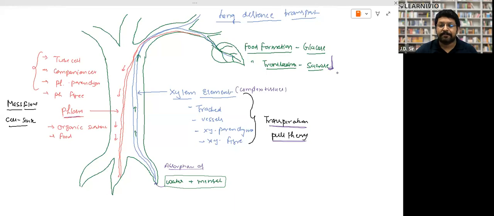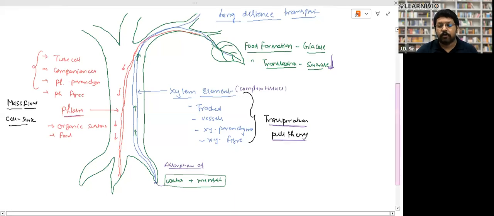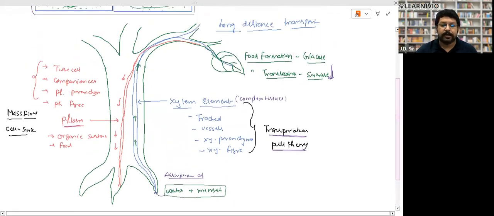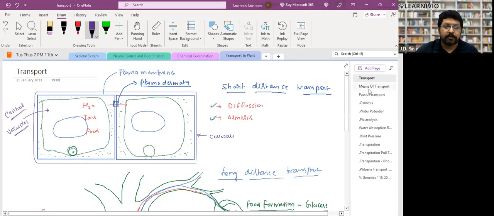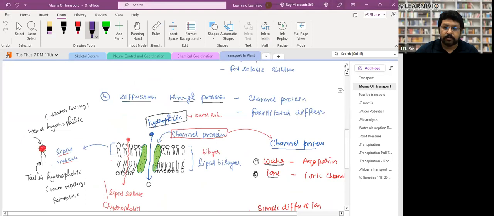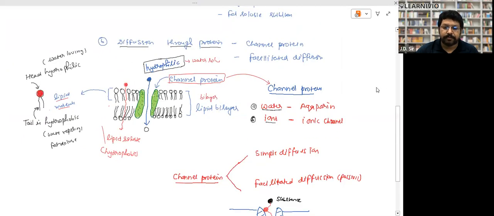Is that part clear for both of you? If you have doubt, please ask. Yes, sir. Great. So now let's start with the other processes, how the food and water are transported. So, means of transport. There are different means of transport.